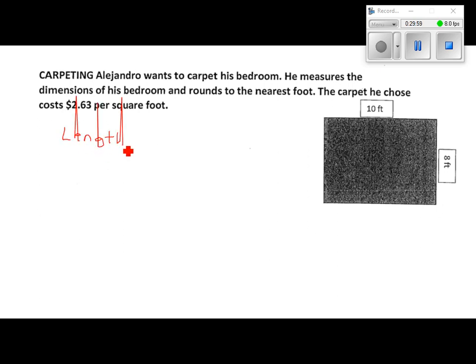Let me drop down here a little bit. Length. What could the length be between? He said 10 foot. So our smallest unit of measurement is 1 foot, correct? So what's 0.5 or half of 1 foot?